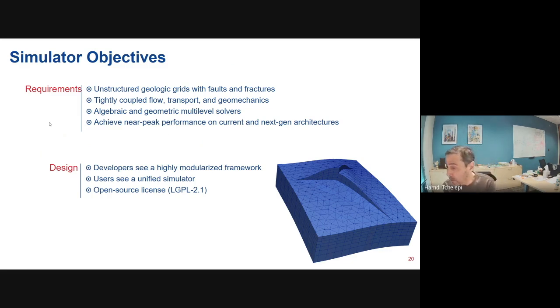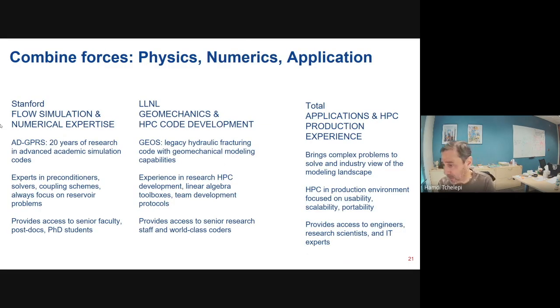The users see a unified interface to the code, and it's an open source license to allow for everybody to have access to it, regardless of whether you're a large organization or a small nonprofit organization interested in modeling CO2 at scale. So a description of the Milestone project and the GEOS code at a high level.